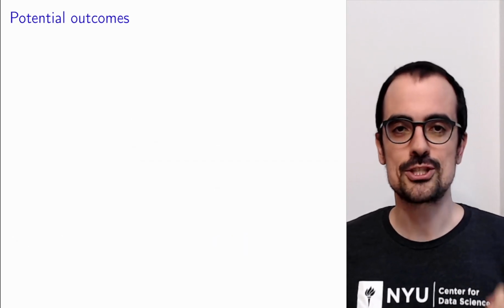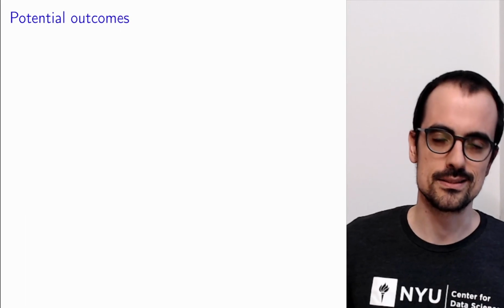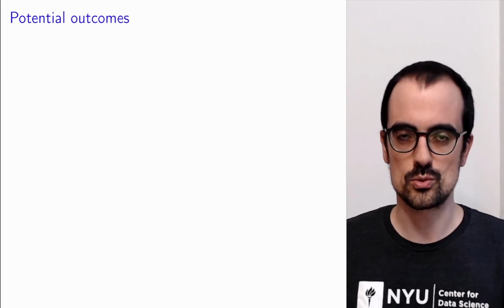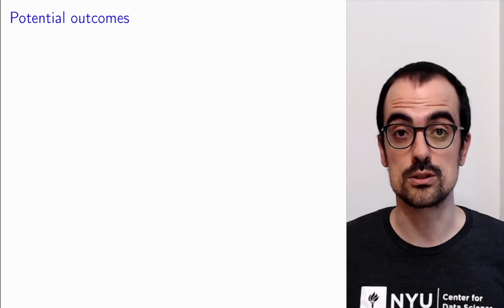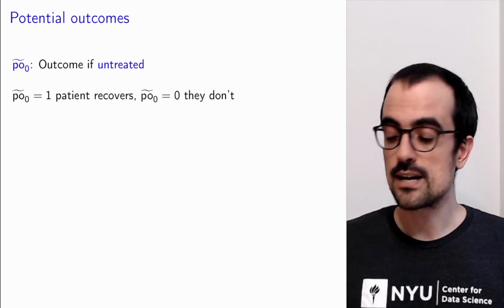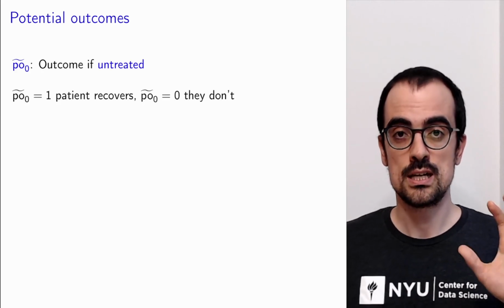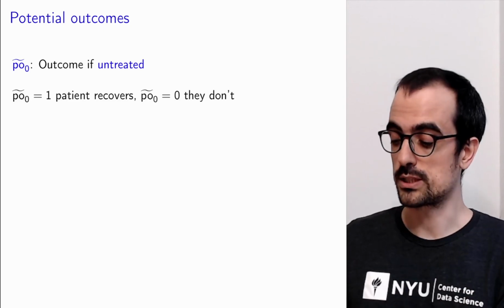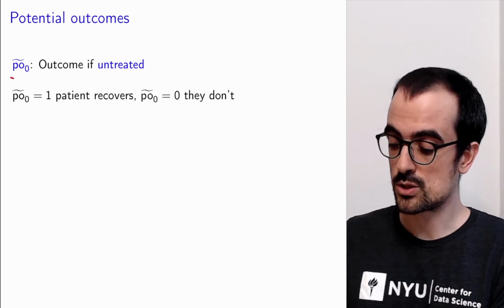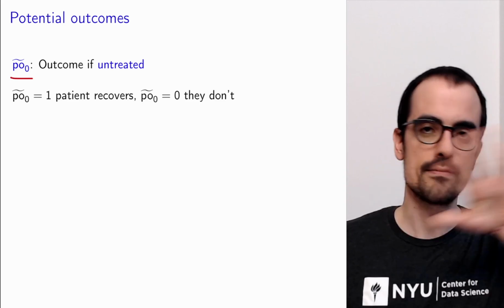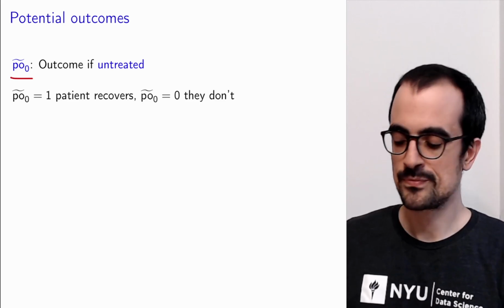In order to capture this notion of what would have happened if we had given the drug to the patients that we did not give the drugs to, we define the potential outcomes, which are random variables that capture the following. The first potential outcome captures what would happen if we did not give the drug to anyone.